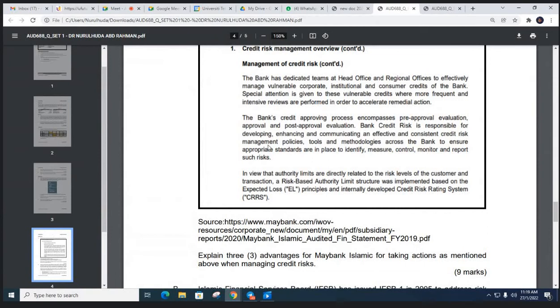Yes? The advantage in managing the credit risk for the Maybank Islamic is Maybank will ensure the credit policies are followed in accordance with the IFI.